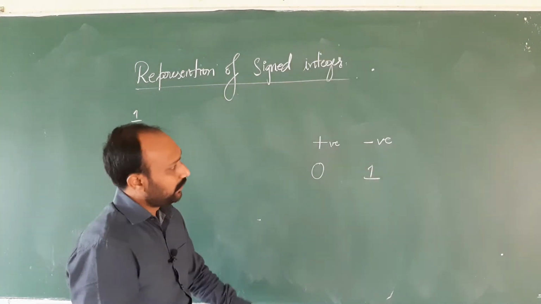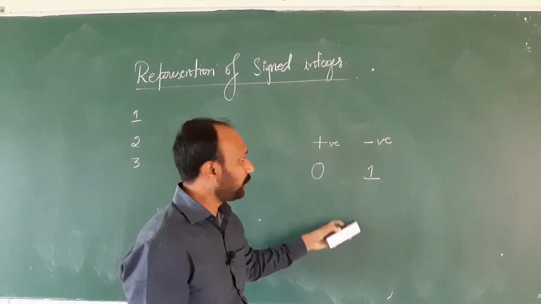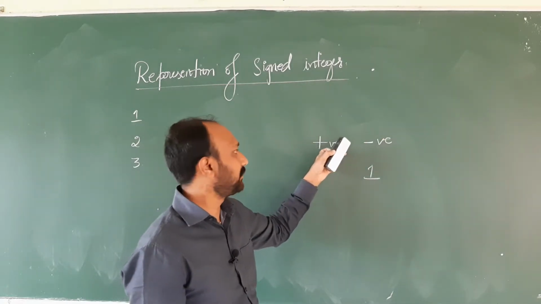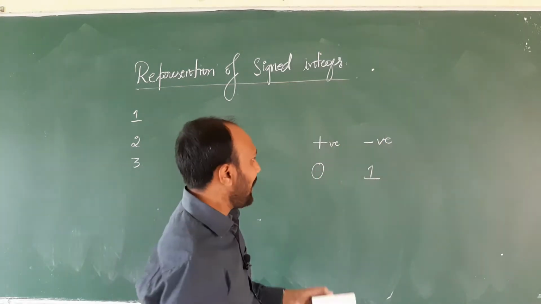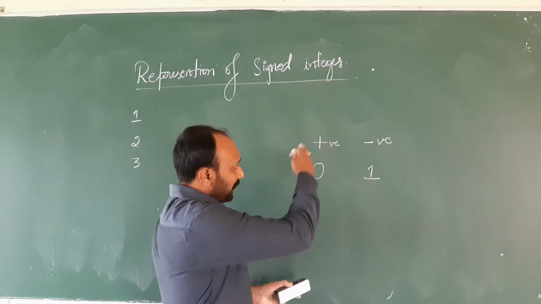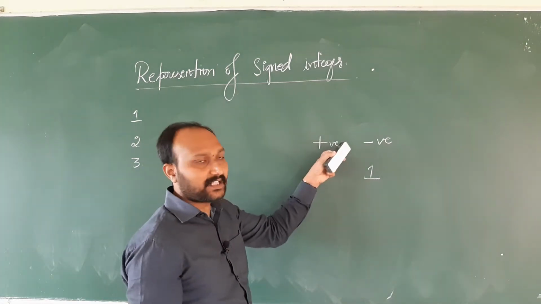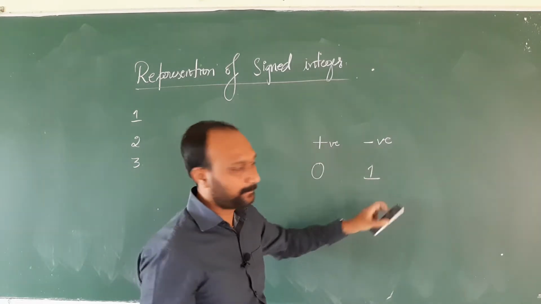Okay, so here how are we going to represent the sign? Before that we need to understand here what is sign. Here in sign the positive sign is there, also negative sign is there. So for an integer you can go with positive as well as negative. So here in binary positive is indicated with the bit 0, negative is indicated with the bit value 1.